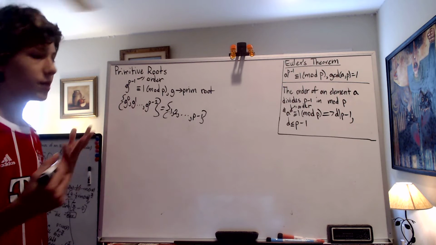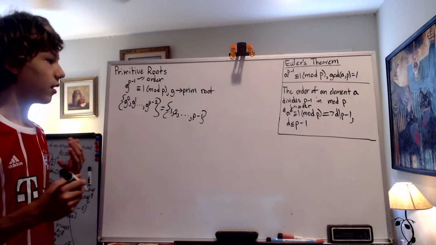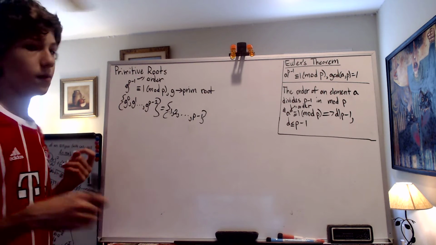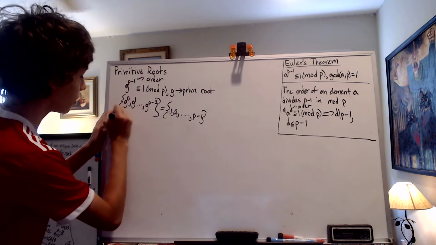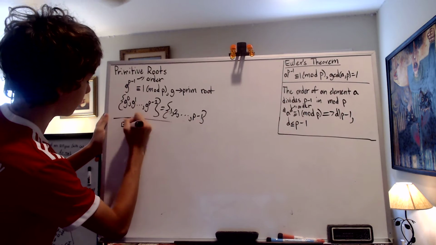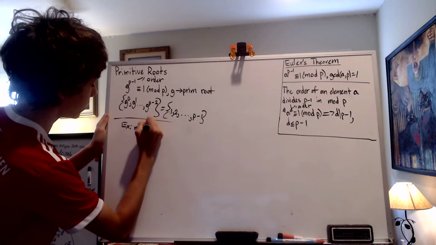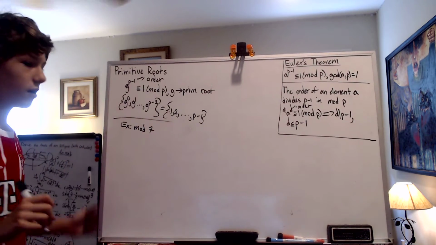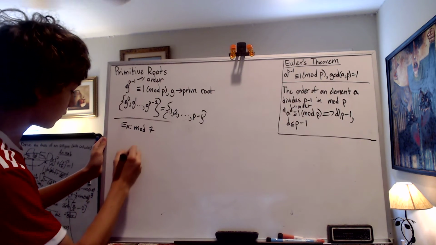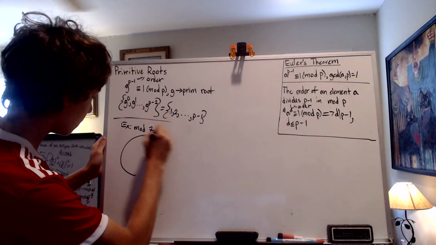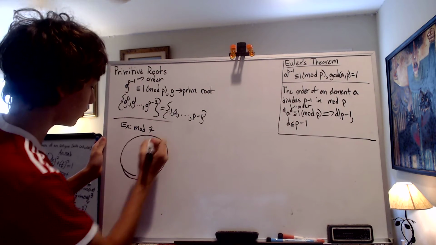It's the same thing as addition of all residues in mod p minus 1. To see what I mean, let's consider our example, mod 7. What I'm about to construct might seem kind of arbitrary, but it'll give us a nice little visualization. So it's going to be a kind of a circle.